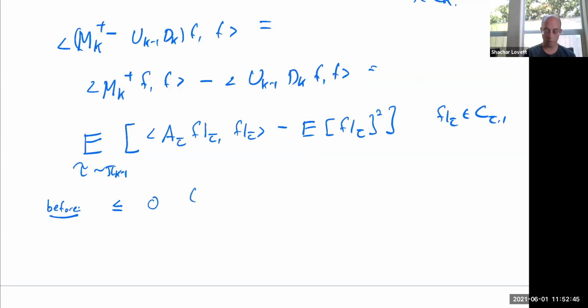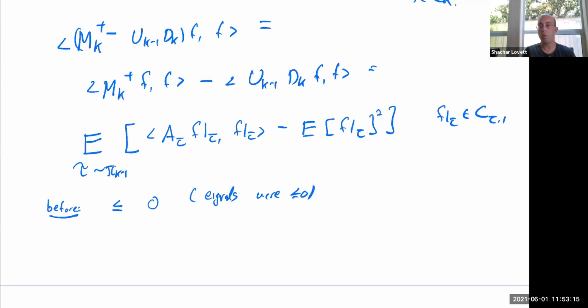The reason was that all the eigenvalues were non-positive, and this difference is exactly: you take the normalized adjacency matrix A tau, it has a top eigenvalue, f tau, we remove it by minus expectation squared, and all the other ones are negative. Now we cannot do this anymore, so we have to be a bit more careful.